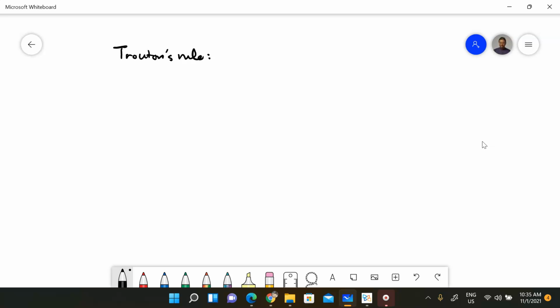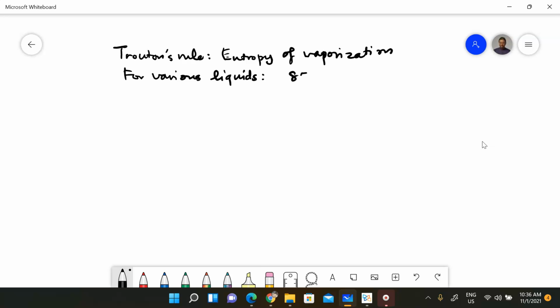Trouton's rule is basically looking at the entropy of vaporization. For various liquids, this is known to be around 85 to 88 joules per Kelvin per mole.